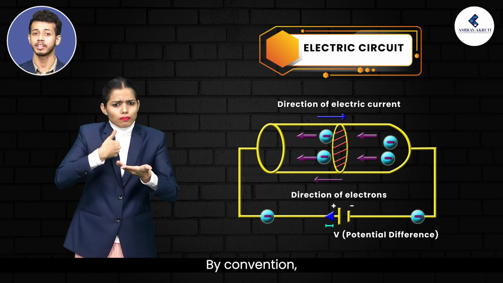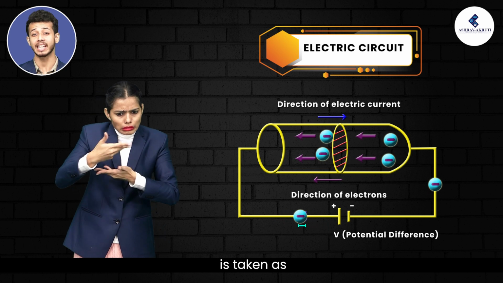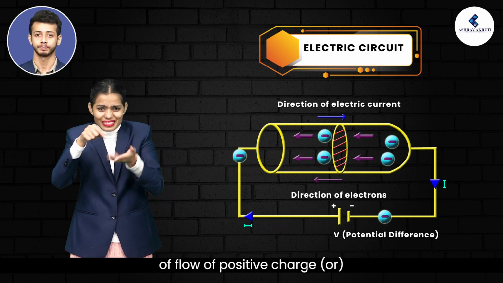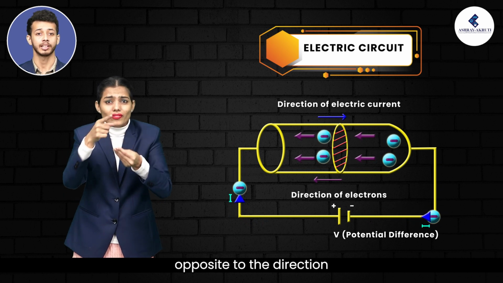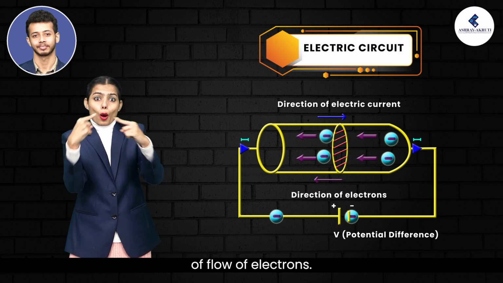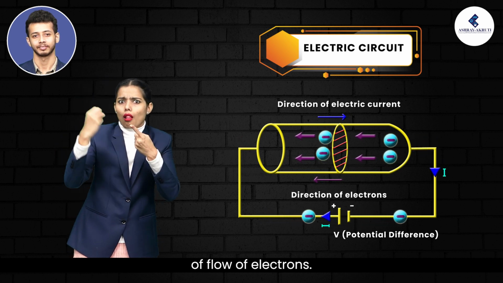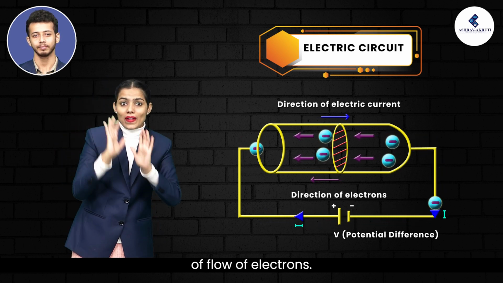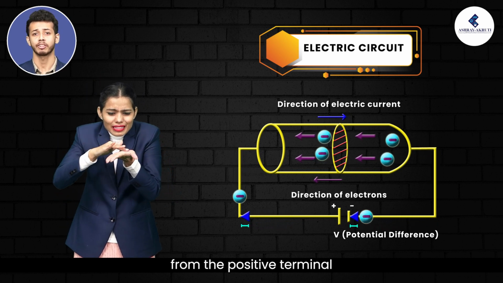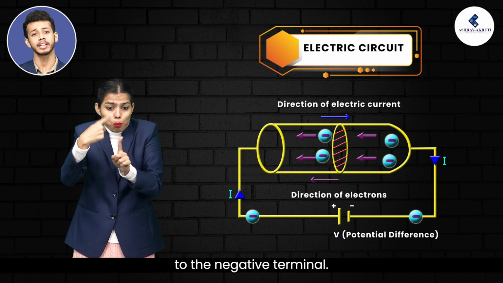By convention, the direction of current is taken as the direction of flow of positive charge, or opposite to the direction of flow of electrons. Thus, electric current passes in the circuit from the positive terminal to the negative terminal.